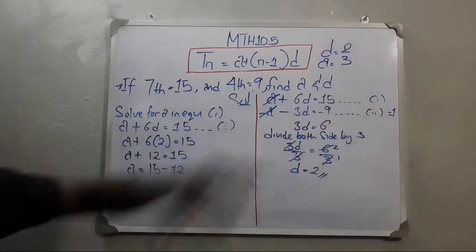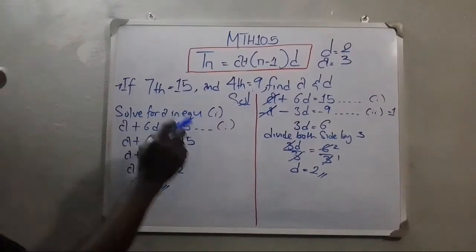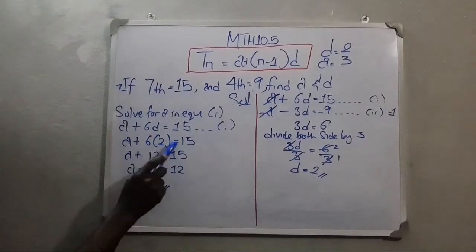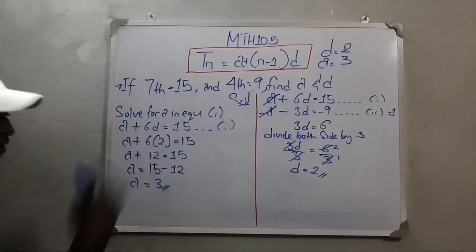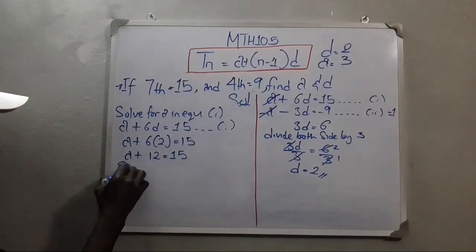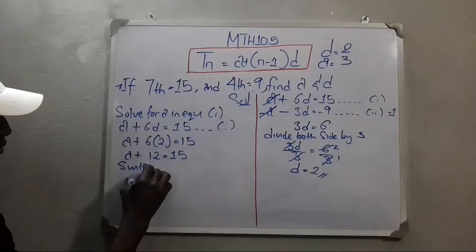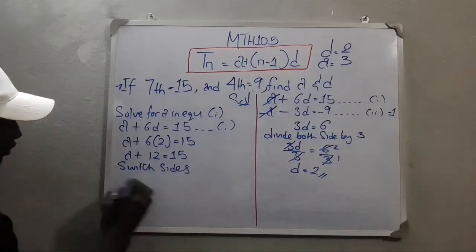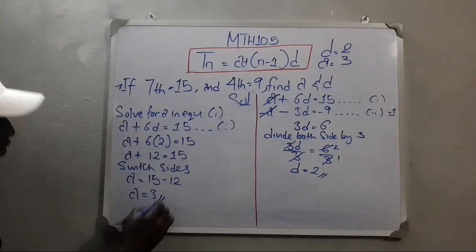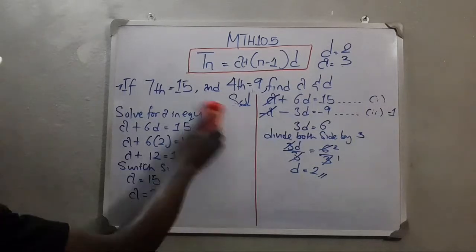Since we already solved for D and we said D is 2, anywhere we find D, we substitute with 2, and we have A plus, we expanded, we had 12, and we switch sides, then we have A equals 15 minus 12. Now A equals 3. Now let's prove whether we got the right thing.